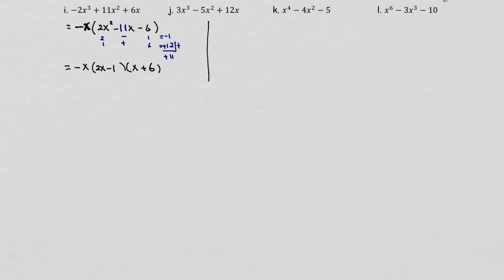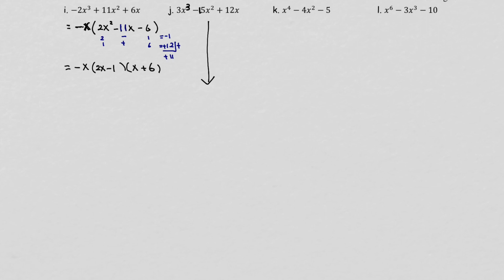Now let's look at this one right here. Again, it starts with a cube, right? It means you have a least common factor of x. 3, 5, 12. Okay, this 5, we want to make sure we change it to 15, so I can show you the greatest common factor, right?